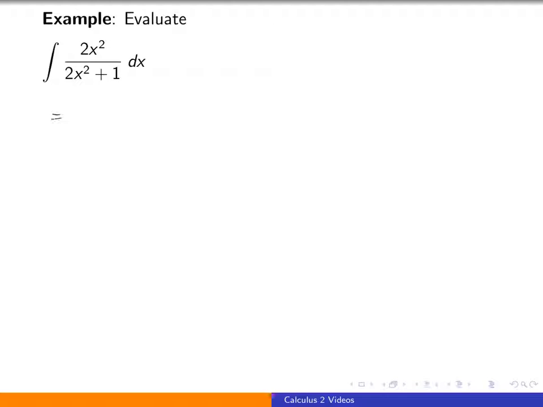So what I'm going to do is take the numerator, which is a 2x squared, and add 1 to make it look exactly like the denominator, but we can't just add 1, so we need to subtract 1 as well. Once we have done this, we can break this up into two separate fractions.